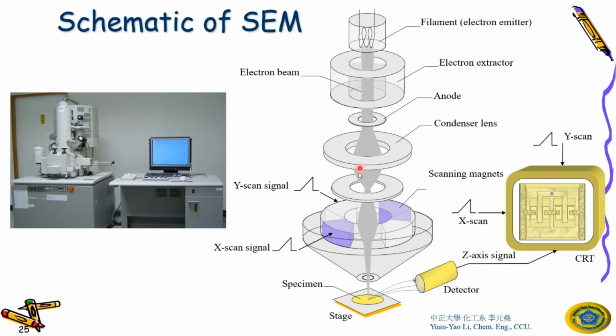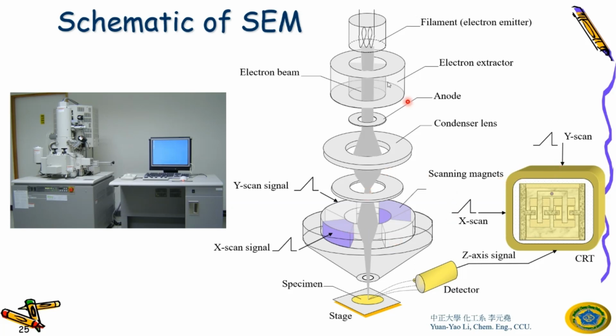You increase or decrease the speed from here, and eventually the electron beam hits the specimen. You have a detector to collect the electrons. Depending on the intensity of the electrons, you can generate an image, which is the same concept as the optical microscope.